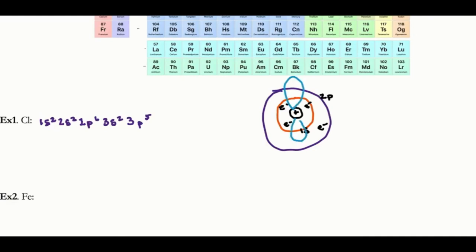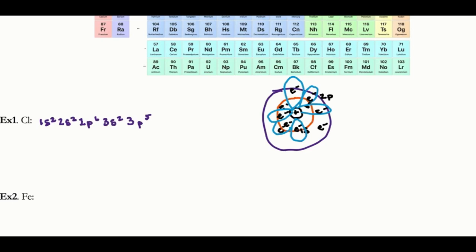There are 2 electrons that could be in this orbital, 2 more that could be in this orbital, and 2 more that could be in this one that's supposed to be coming out of the page, but I'm not very great at drawing. So a total of 6 electrons. And remember, these are the regions where you're most likely going to find the electrons.